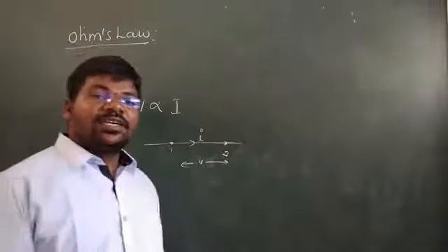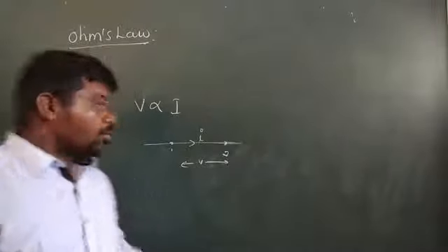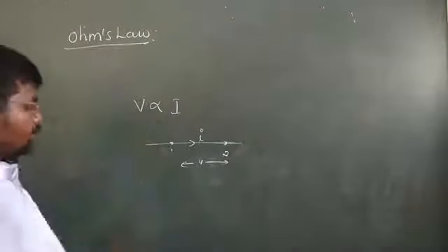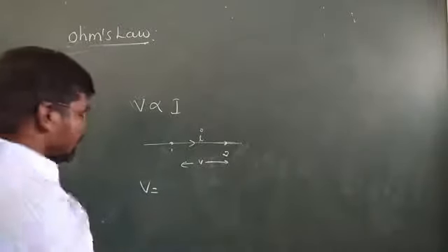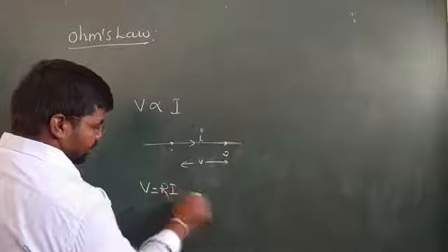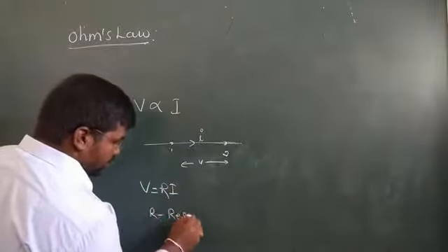We can take a constant of proportionality. Here we remove the proportionality and take a new term R. R is the resistance.